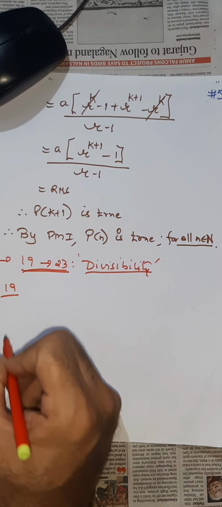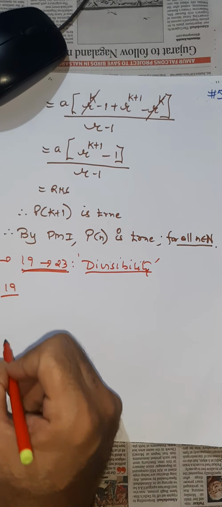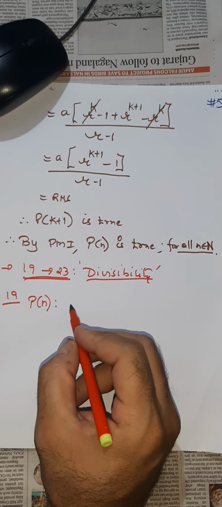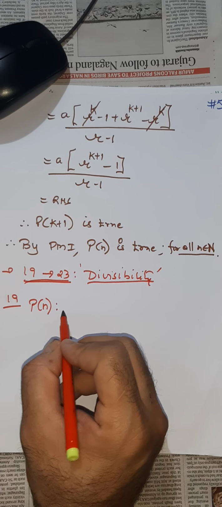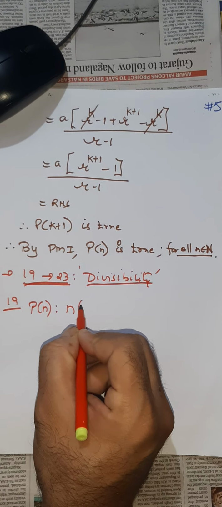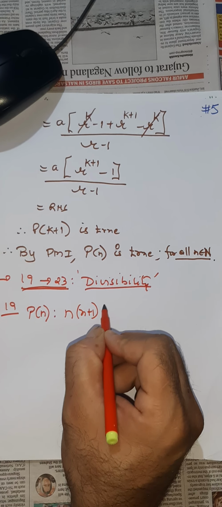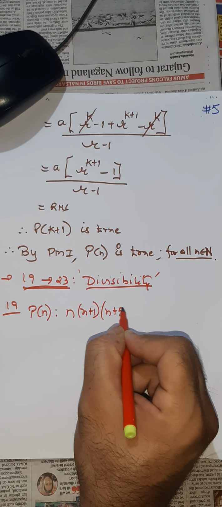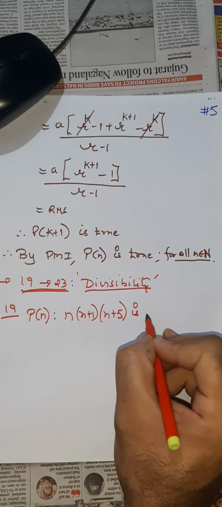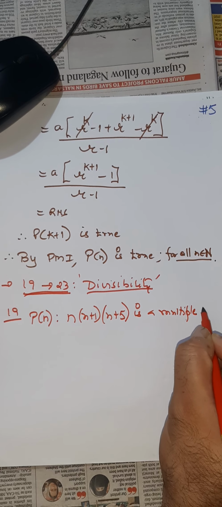For all these questions, the procedure is the same, remember. So what's the statement here? P of n. The statement is this. We don't have LHS and RHS here and so on. N into n plus 1 into n plus 5 is a multiple of 3.